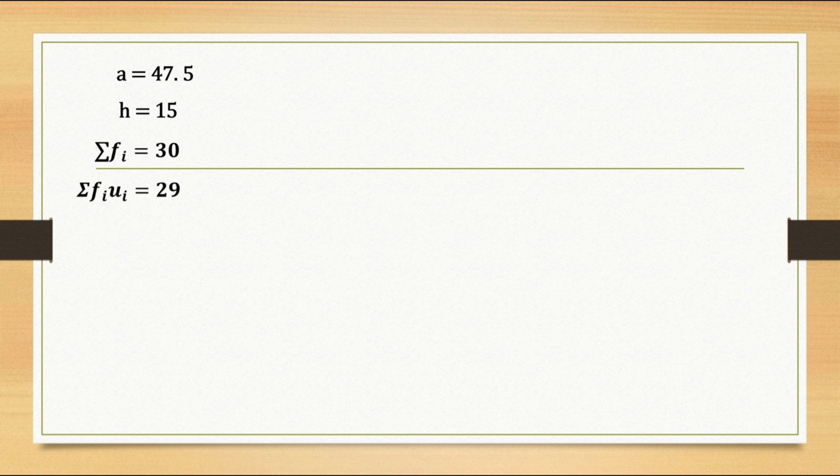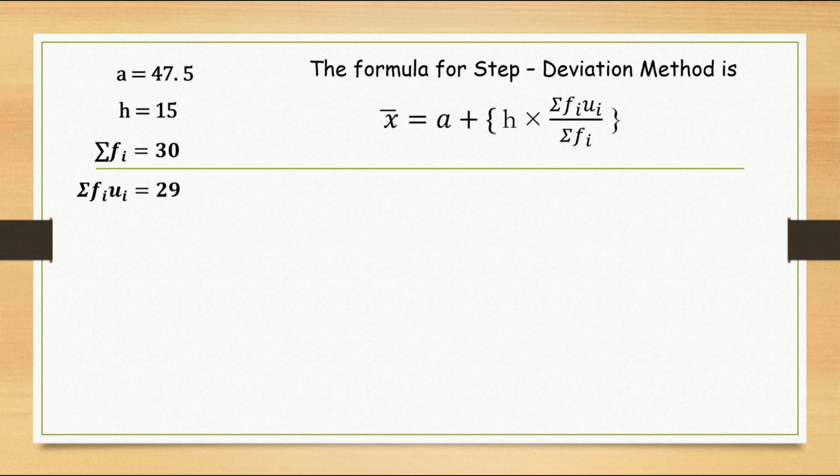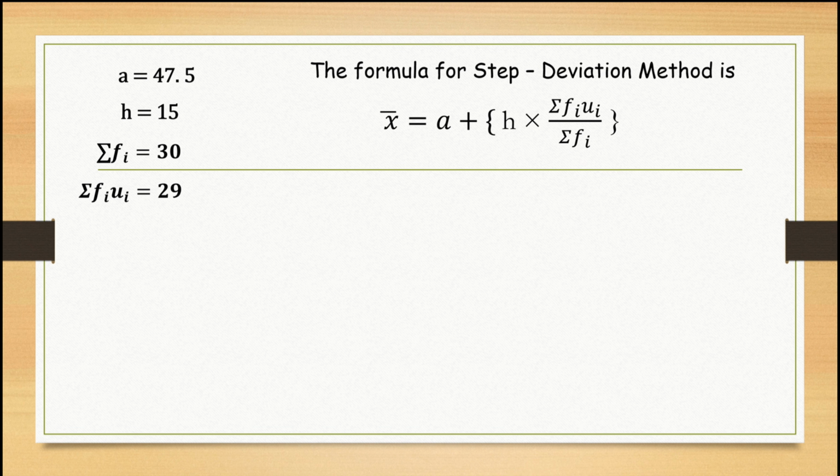So now we have to substitute all these values in the formula. The formula for step deviation method is x bar is equal to a plus h into summation fi ui divided by summation fi. So x bar is equal to a 47.5 plus h 15 into summation fi ui 29 divided by summation fi, that is 30. So 15, 2 times 30, you can cancel.